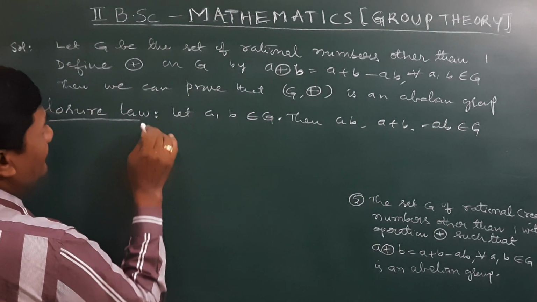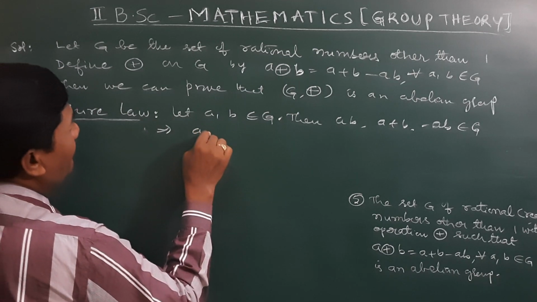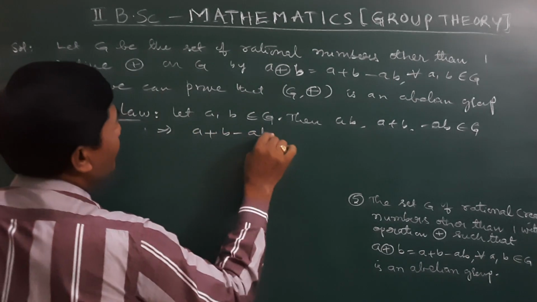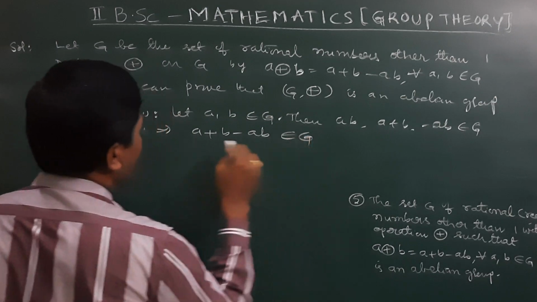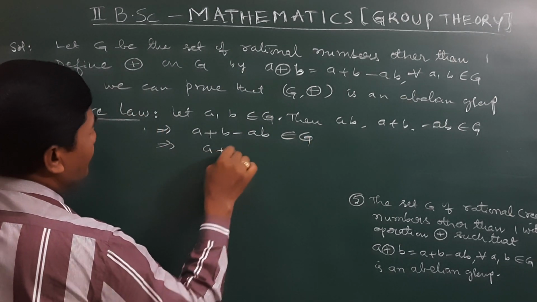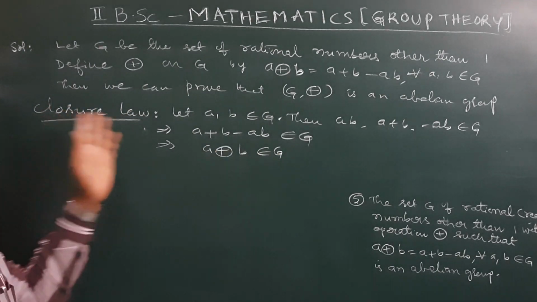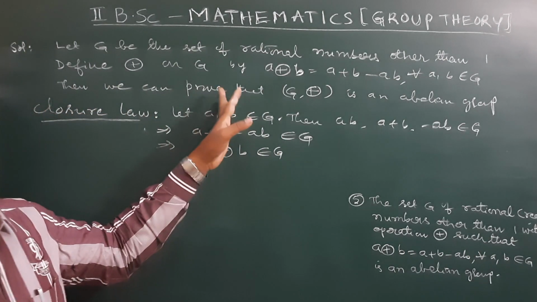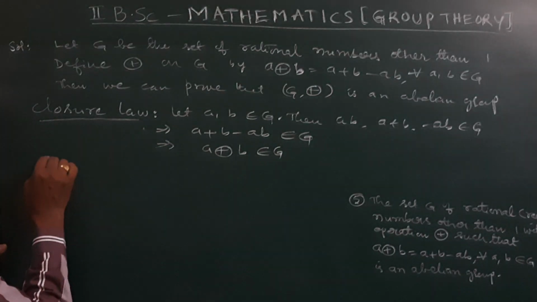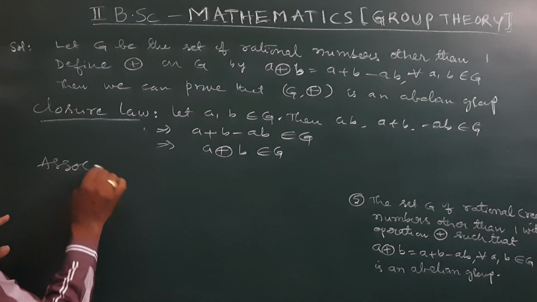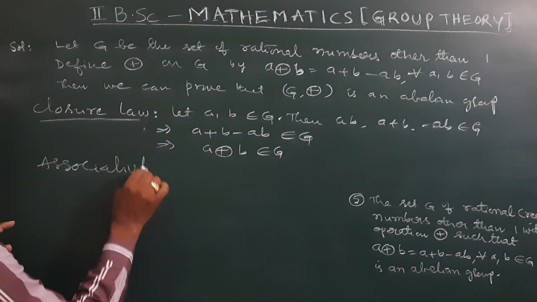This implies A plus B minus AB belongs to G. That implies A plus circle B belongs to G. That is, G is closed, so the closure property holds. Another is the associative property. Associativity.